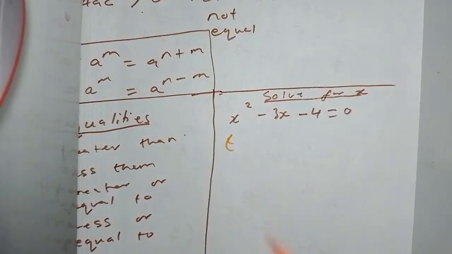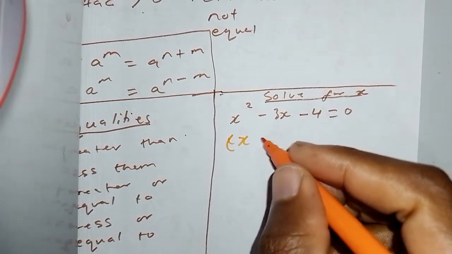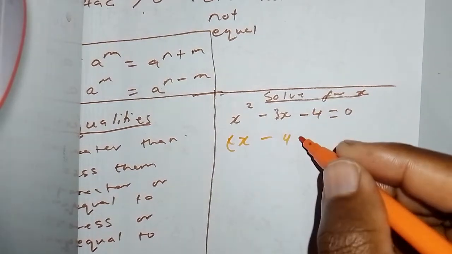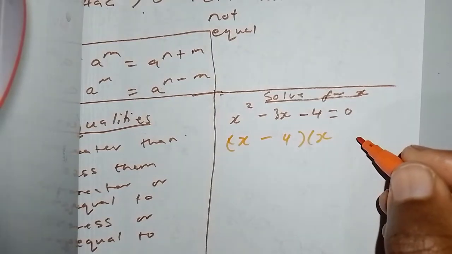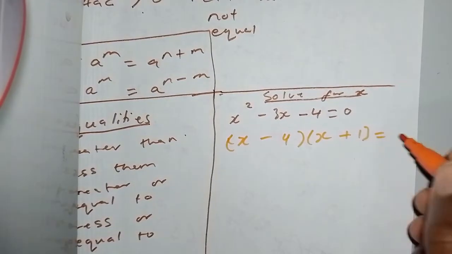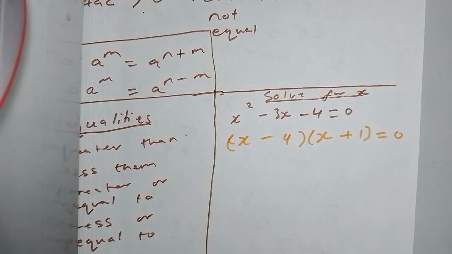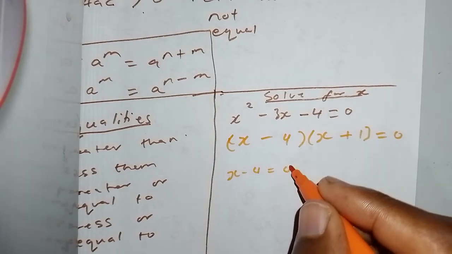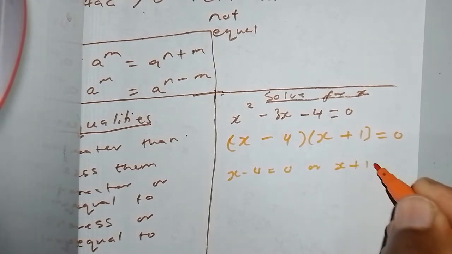Factorizing method, I'm going to have (x minus 4)(x plus 1), which will just give me 0. Then x minus 4 equals 0, or x plus 1 equals 0.